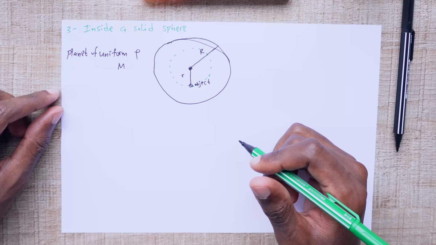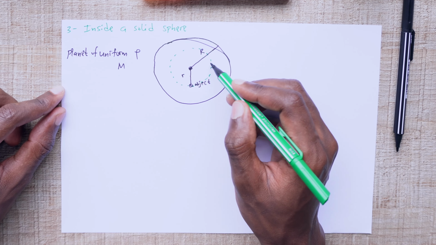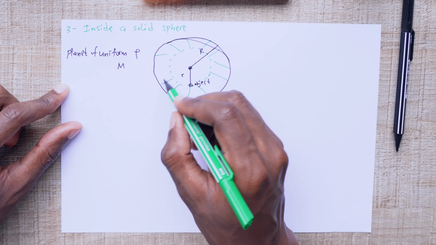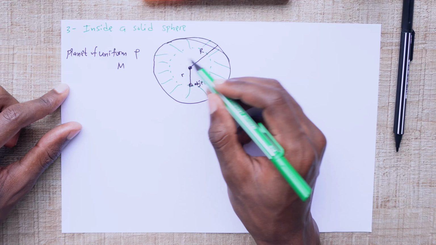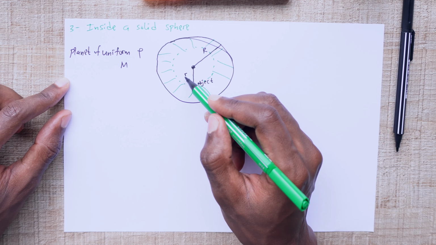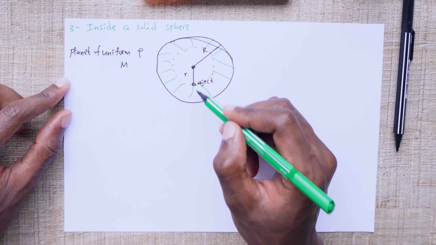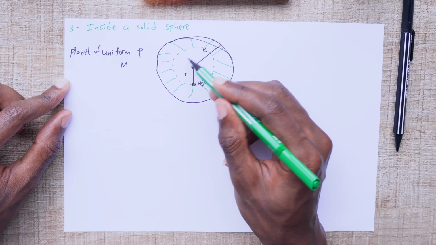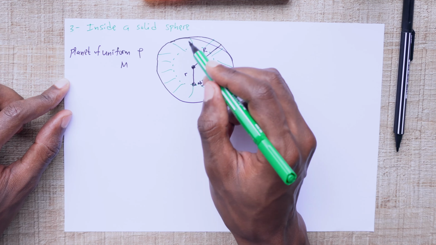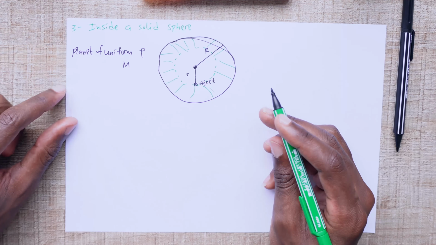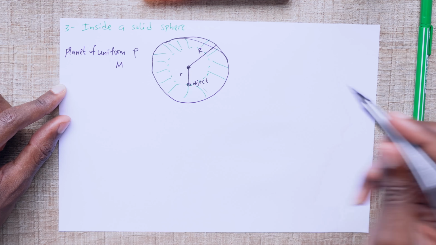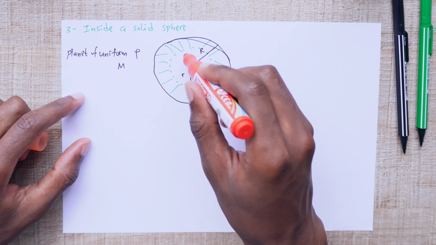Since the shell theorem tells us that if an object is inside a shell, it's going to have a 0 force, the portion of the sphere that's outside of this small radius r has no influence on any object inside. So this portion already has no gravitational influence, so we put that out. This means that if we want to calculate the force exerted by this mass on this object, we should only consider this inner portion, this one here.